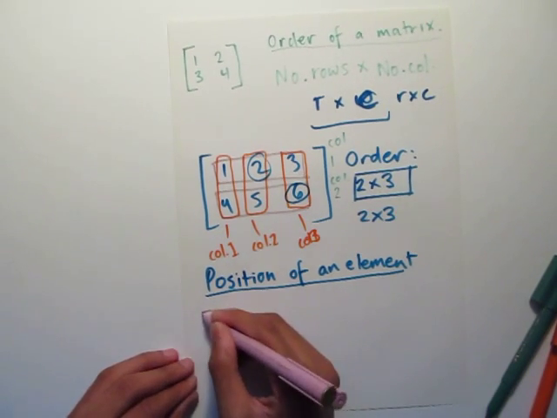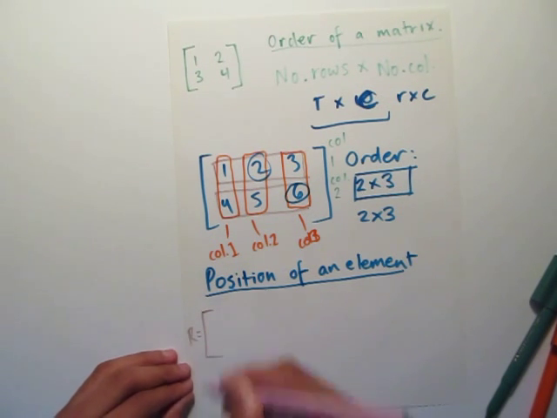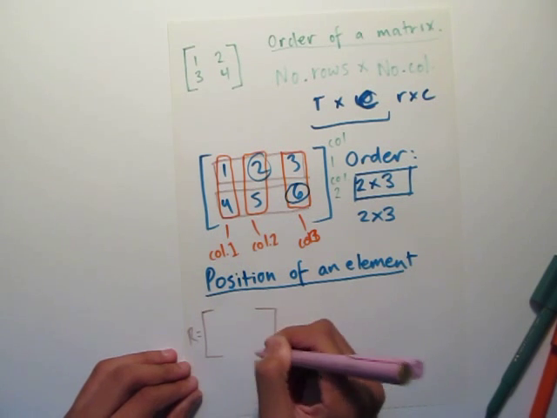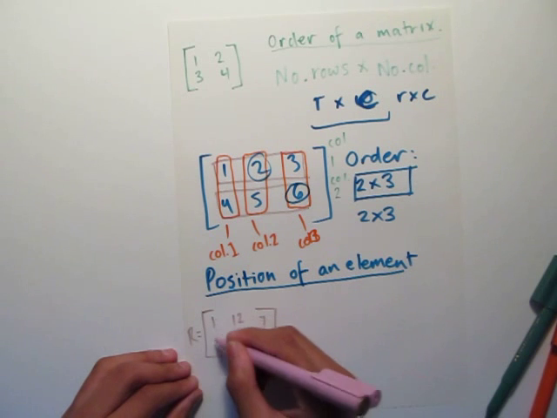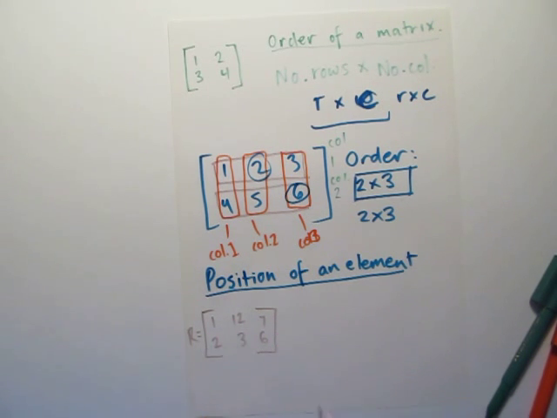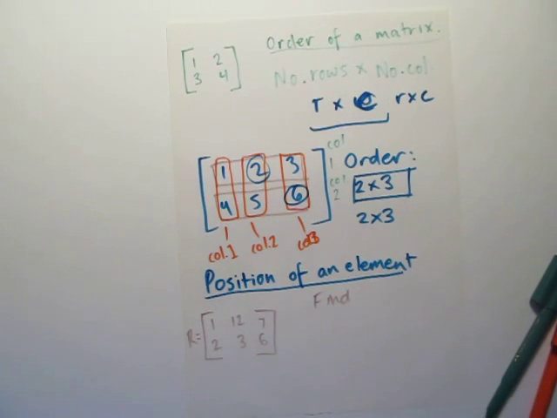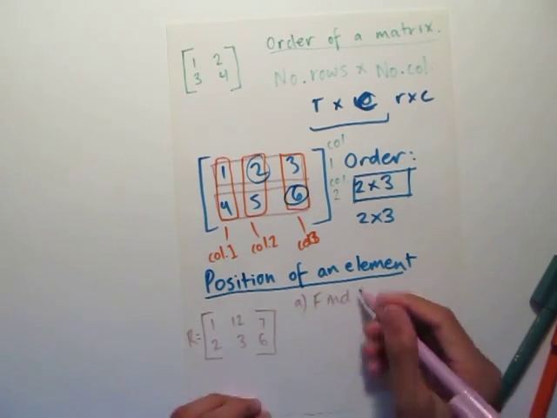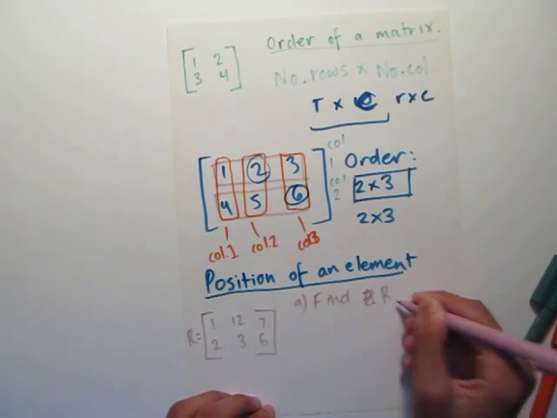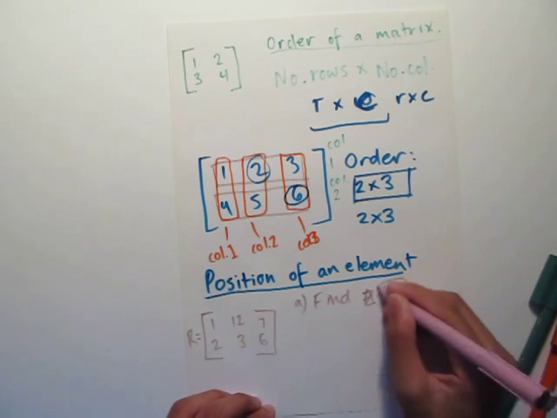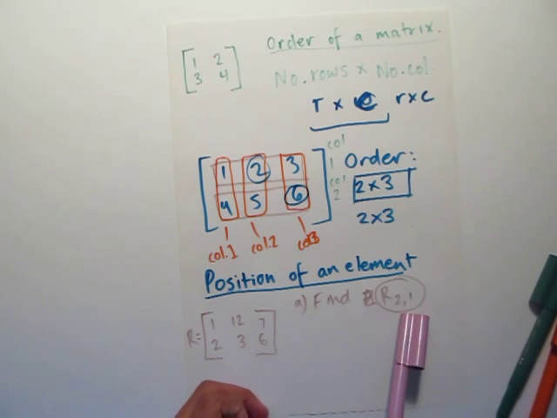Okay, let's just say you're given matrix R. R equals this matrix here: 1, 12, 7, 2, 3, 6. You may be asked a question such as: find R, row 2, column 1.